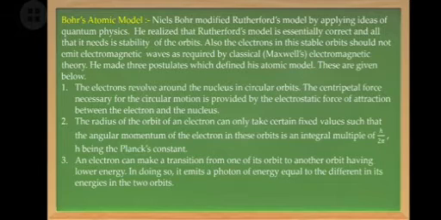We have seen the atomic model suggested by Rutherford, but there are some drawbacks or deficiencies in Rutherford's model that were overcome, or well explained, by Bohr. So Niels Bohr modified Rutherford's model by applying the idea of quantum physics.